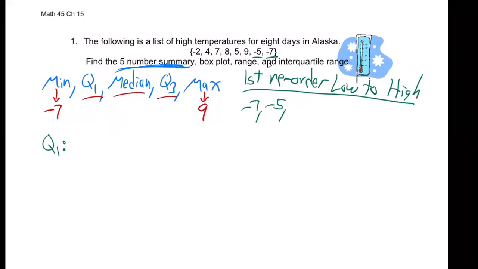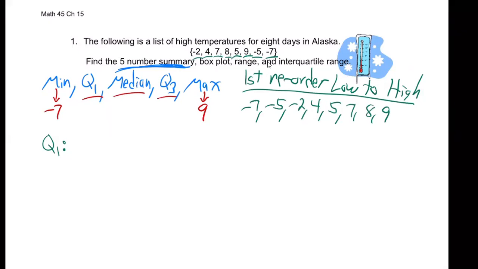Then negative 2. Next is what? 4. Good. 5. 7, 8, 9. Beautiful.